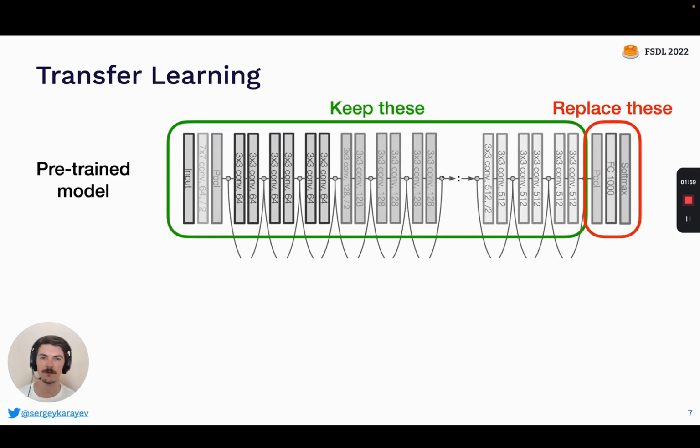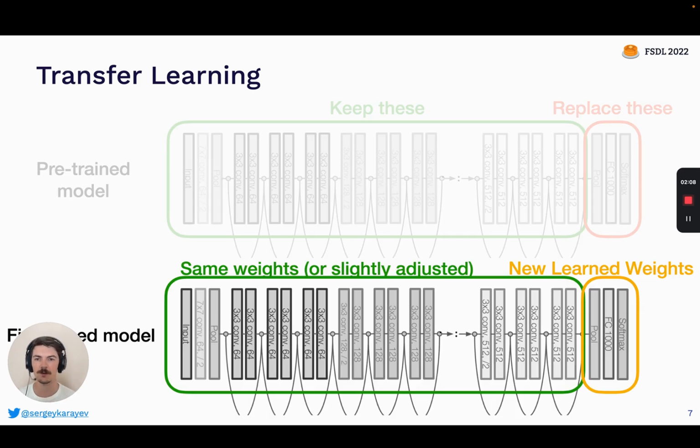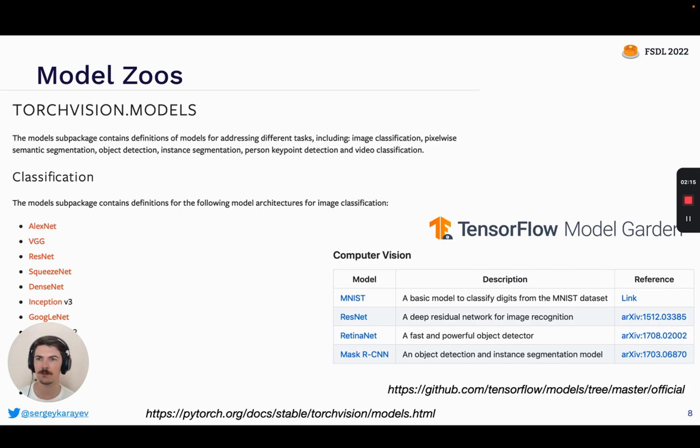And in vision, we've been doing this since 2014. Usually you train a model on ImageNet. You would keep most of the layers, but you replace the top 3 or so with new learned weights. Maybe you slightly adjust the previous ones, and it works really well. The model zoos are full of these models like AlexNet and ResNet and so on, both TensorFlow and PyTorch.